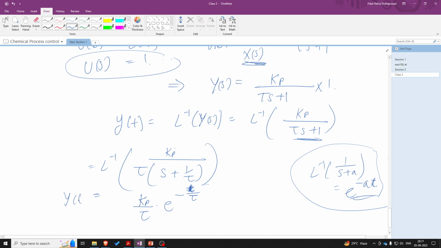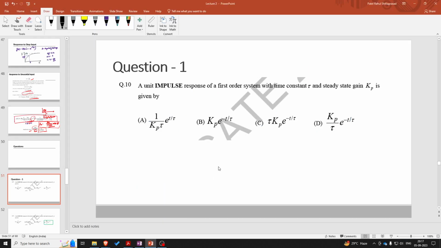So this is the impulse response, that is Kp by tau e raised to minus t by tau. So we can see that option D is the correct option in this case. It's Kp upon tau e raised to minus t by tau.